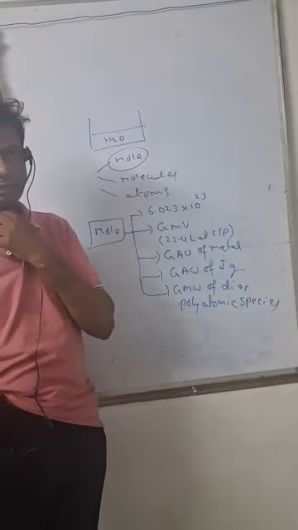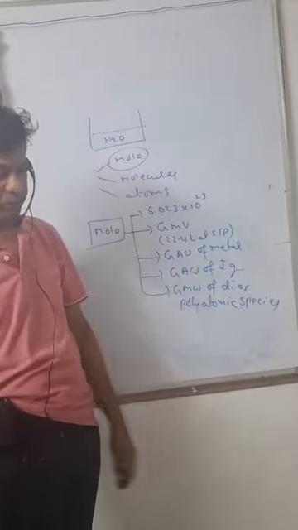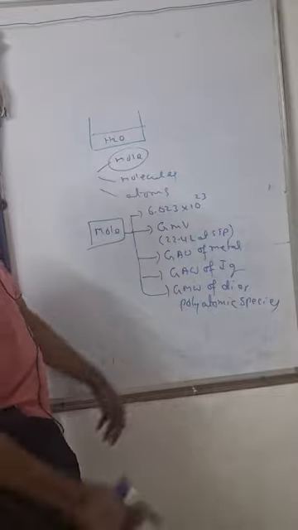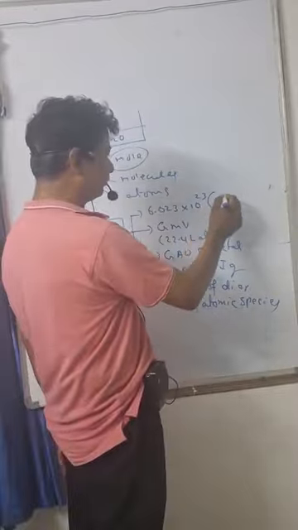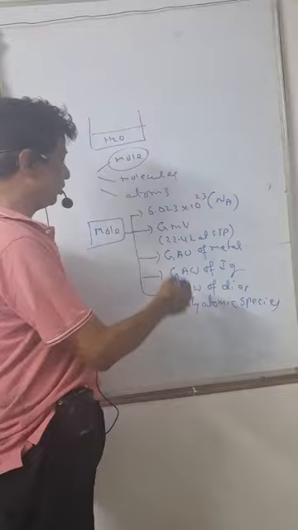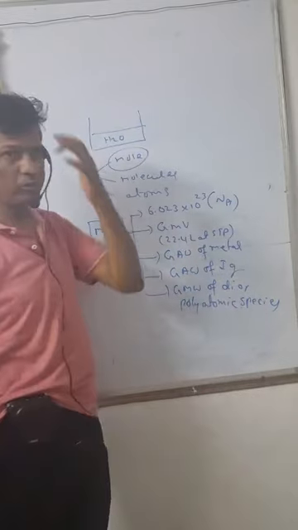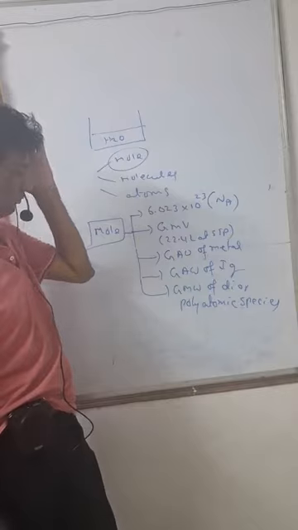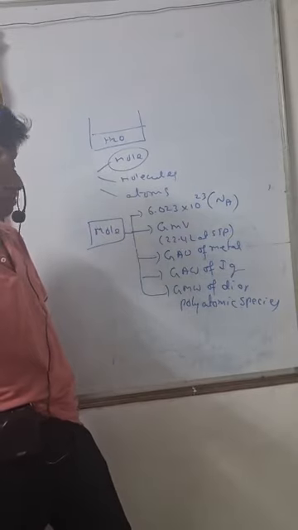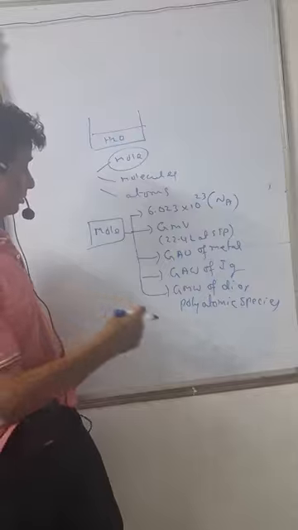In SI system, the amount of substance is expressed in moles. It is Avogadro's number. Gram molar volume, gram atomic mass of metals. Mostly elements are metals. Okay, S block elements, D block elements, F block elements are metals.